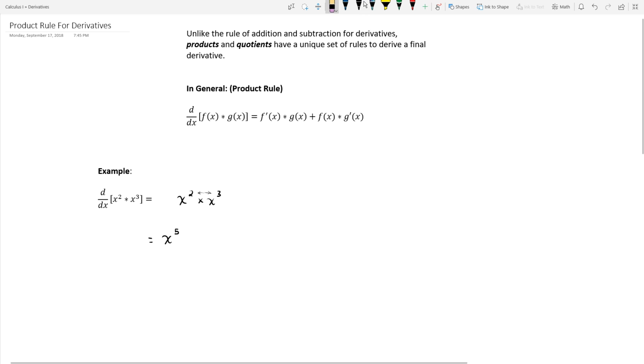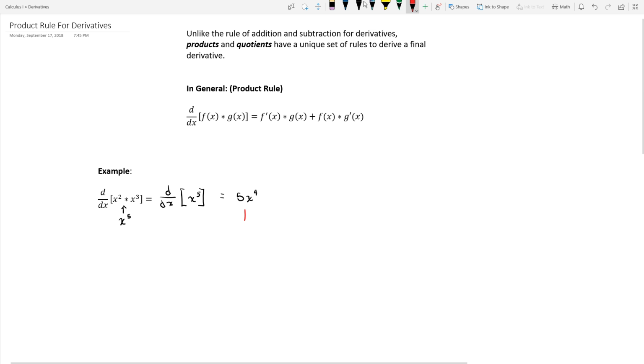So if we were to find the derivative of that, we know that x to the fifth is in fact equal to x squared times x cubed. So in taking the derivative with respect to x for x to the fifth, we would find that that is 5x to the fourth.